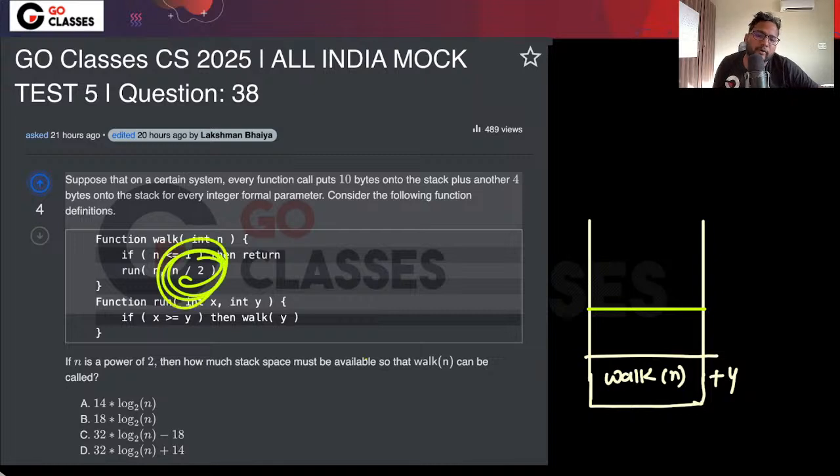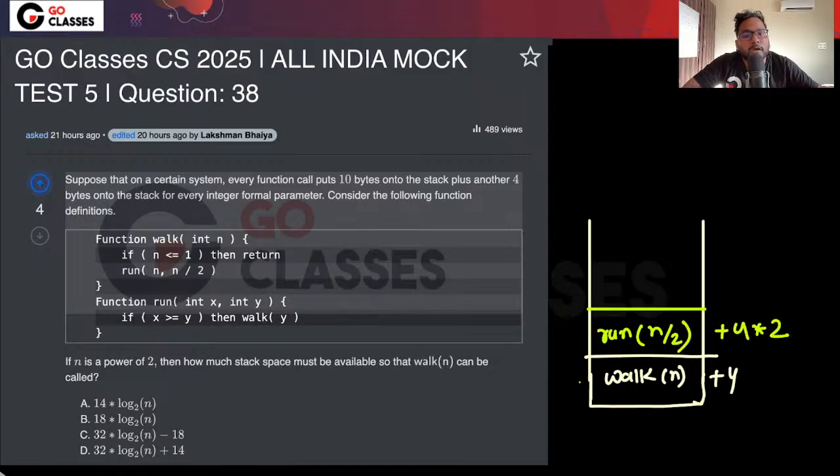The termination will be depending on n by 2, because then only you will be calling this walk again with this y parameter. You can write n, but x is always greater than or equal to y, so it doesn't matter. So you can say n comma n by 2, or I'm just writing n by 2. It will be taking 4 into 2.